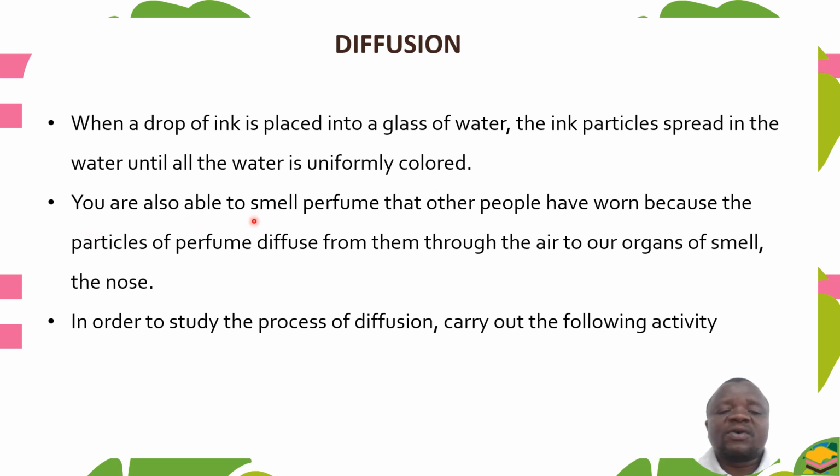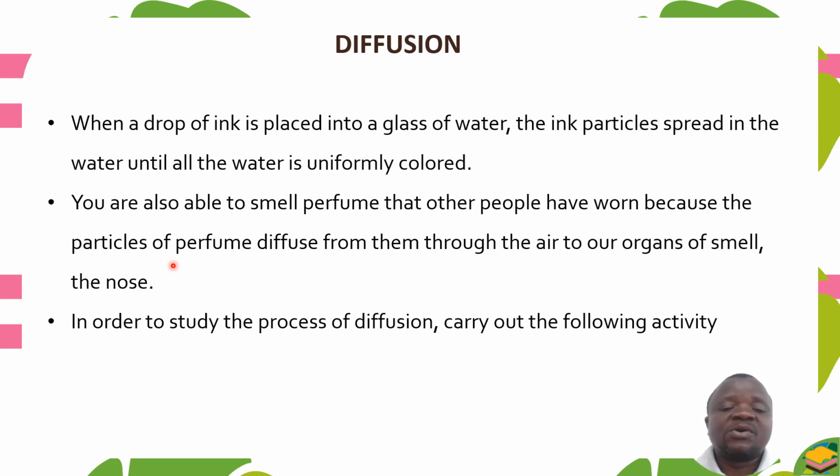You are also able to smell perfume that other people have worn because the particles of perfume diffuse from them through air to our organs of smell, that is the nose. Generally, if a lady enters the door, when she steps on the door, you would smell the perfume. That is by simple diffusion.